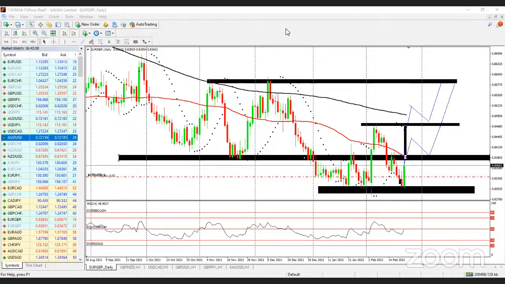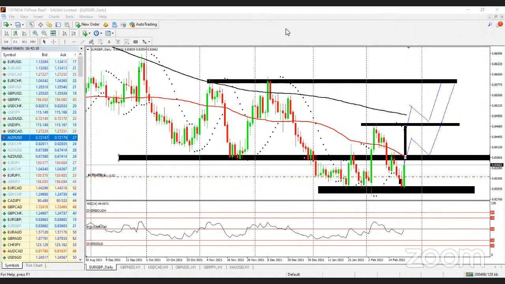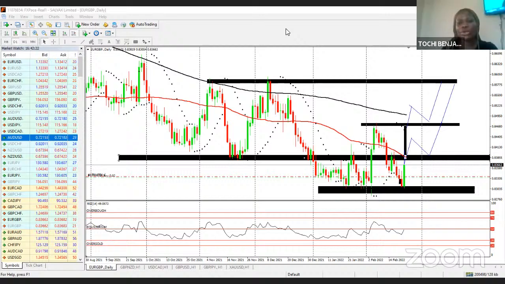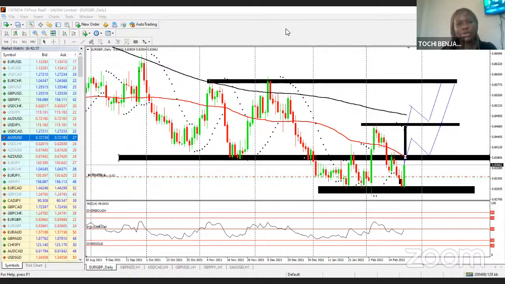If you've marked out your support level, you can use a price below that range for your stop loss, because you're buying at a low. You are saying if price goes lower than that low, it should take you out of that buy. So that's your stop loss.